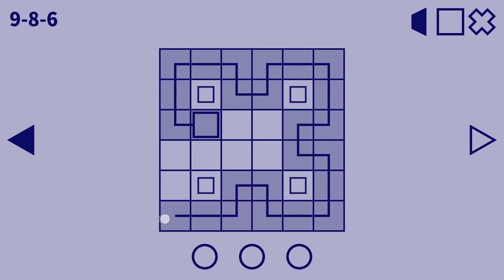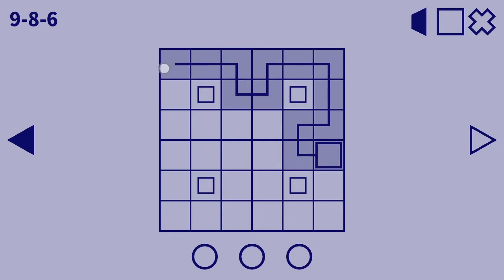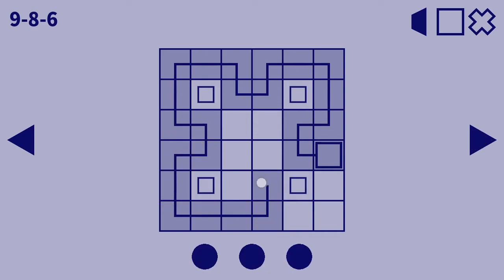Oh, maybe this is fine. No, because they all need to have a square in them. That's what that rule's about. Yeah. So what's going to go in this middle section, if anything? Something's going to. That could be connected to... There we go.